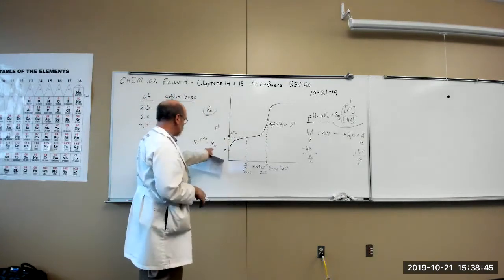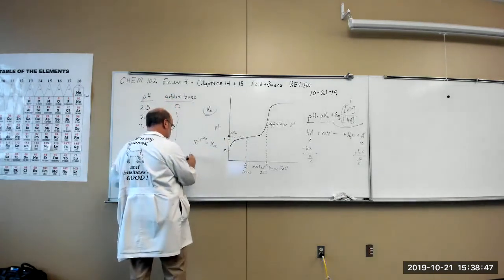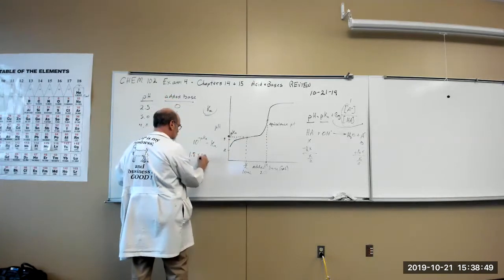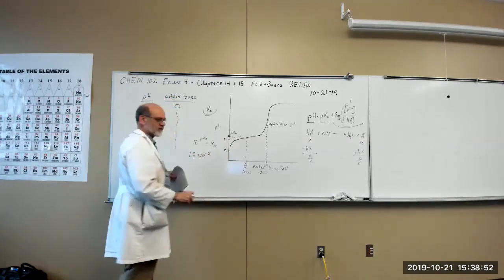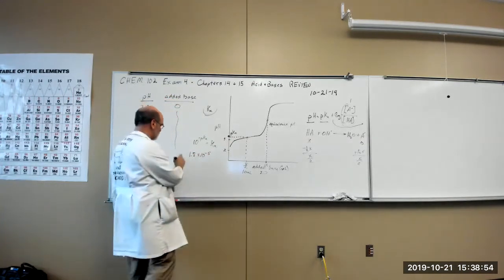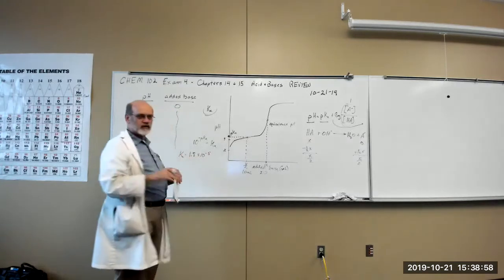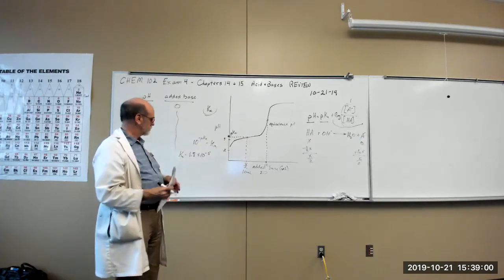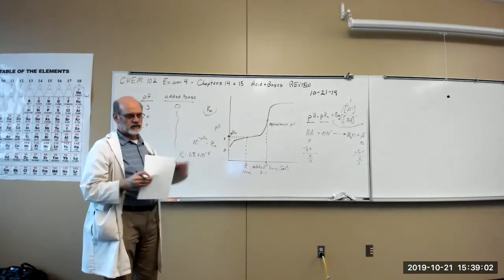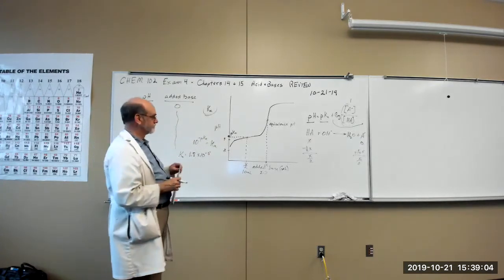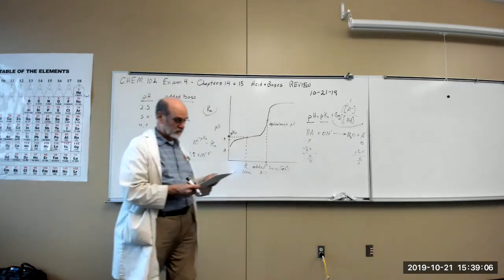And you figure out what this is and compare it to, this is your accepted value. 1.8 times 10 to the minus 5 is the accepted Ka of acetic acid. And you compare yours to that one. And say, what's your percent error? That's basically it.